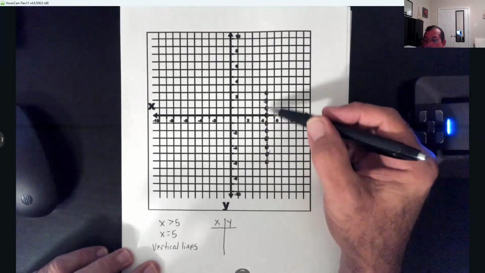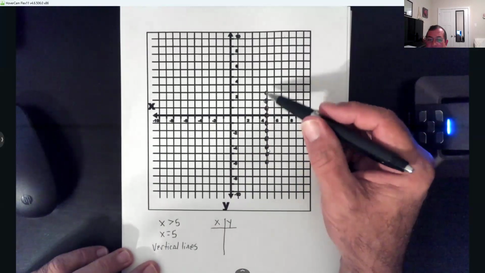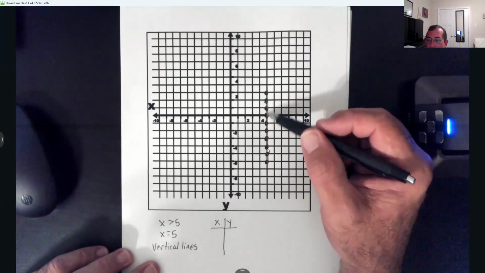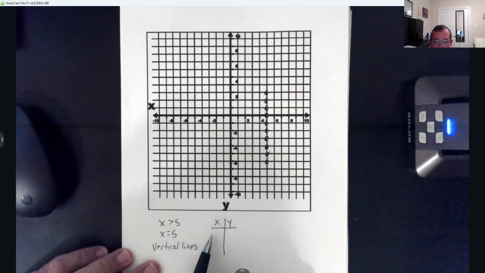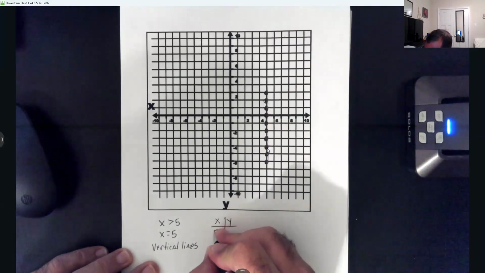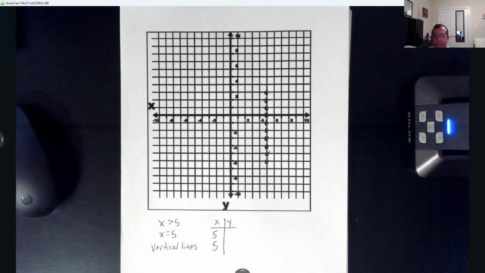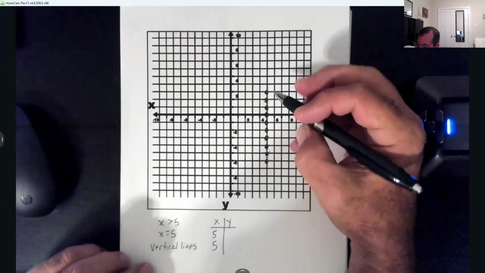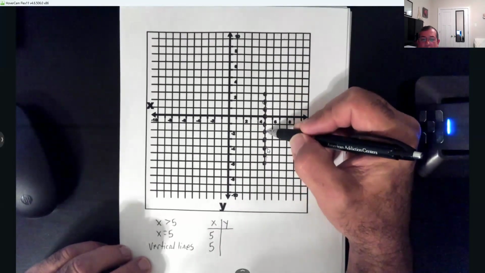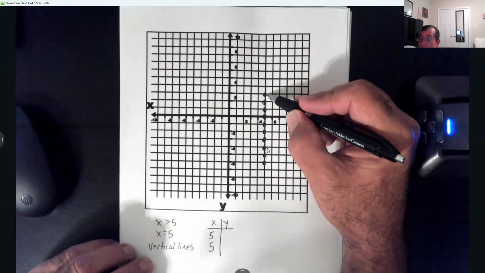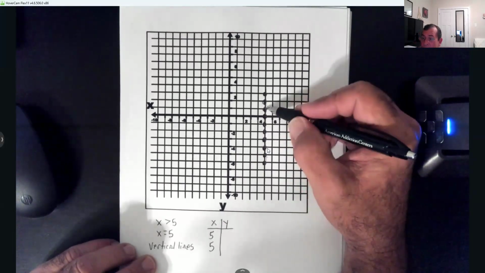So if I was going to plot 2 points that make this line, well, no matter what, both of these X values have to be 5. Because if you look on this line, no matter where I pick a point, that X value is 5 on all of those, right?